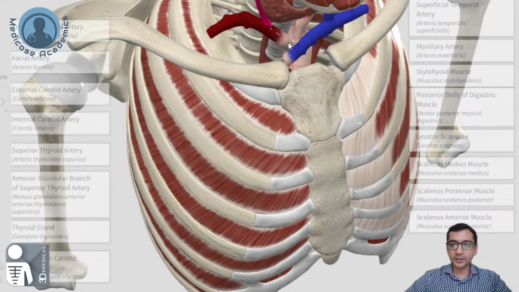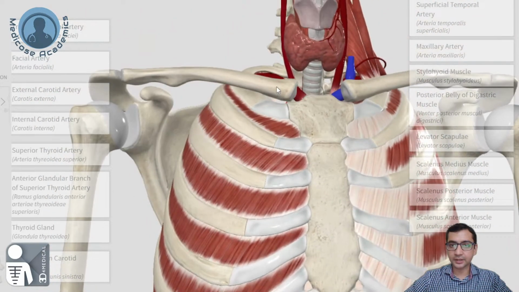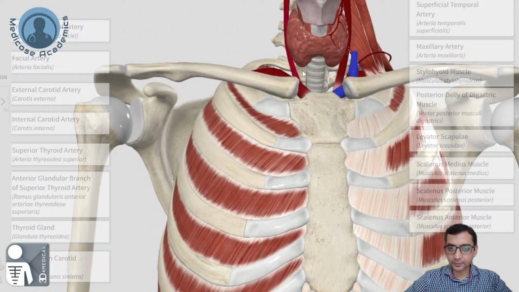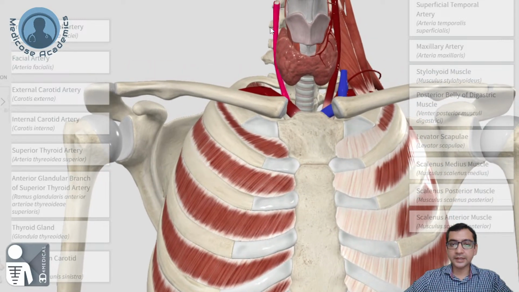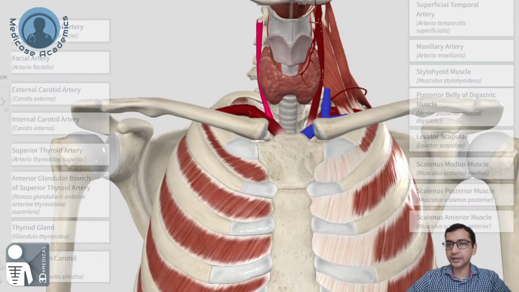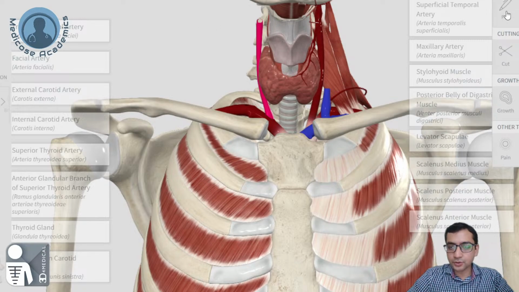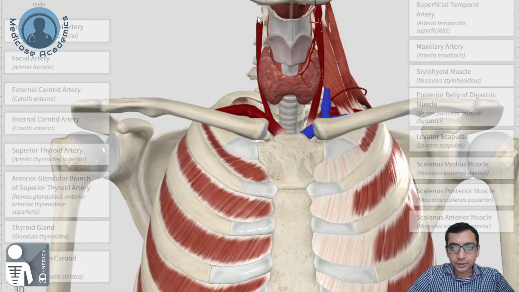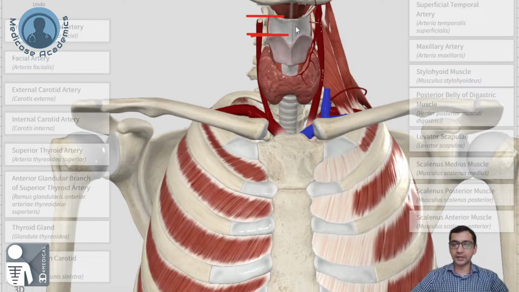The things that you have to remember: it is arising from the brachiocephalic trunk, and it is dividing and ending. There are two points at which it can bifurcate. It is not exactly easy to pinpoint one point. Sometimes it is written at the hyoid bone, and sometimes it is written at the upper end of the thyroid cartilage.